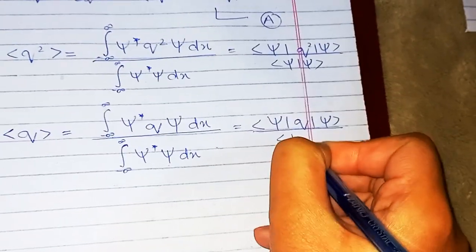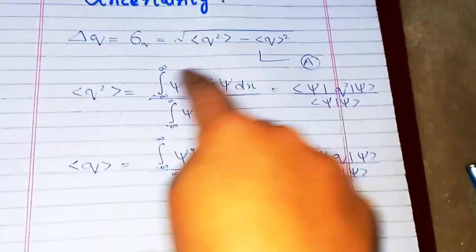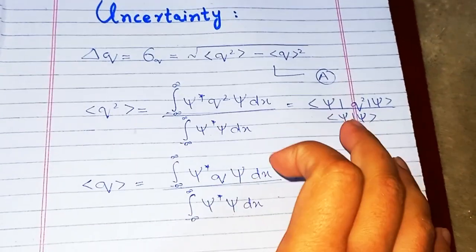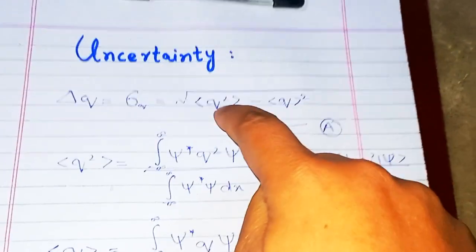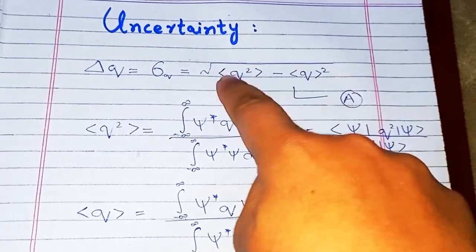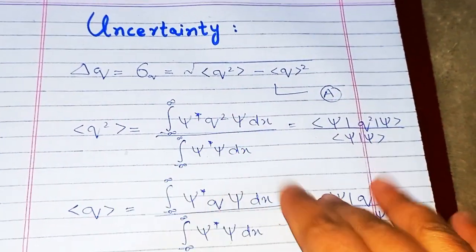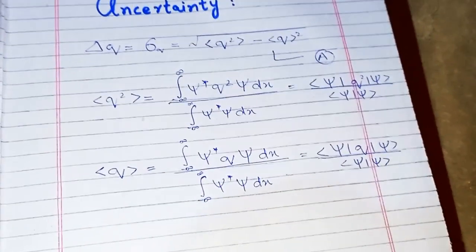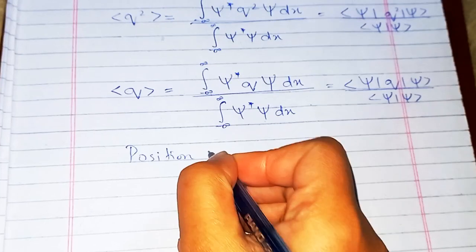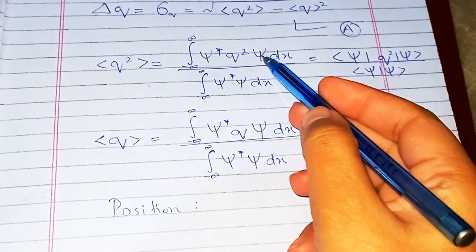That's super easy, and we are supposed to calculate these two quantities from the formula of the expectation value. We'll plug these values right back into this expression: write this quantity here, take the square of the other, subtract, take the square root, and we get the uncertainty associated with the observable. Let's say the observable we are considering is position. We want to calculate the uncertainty associated with position in some system whose wave function is psi.